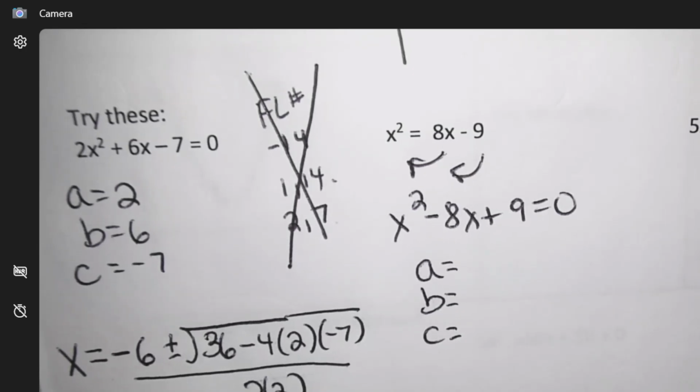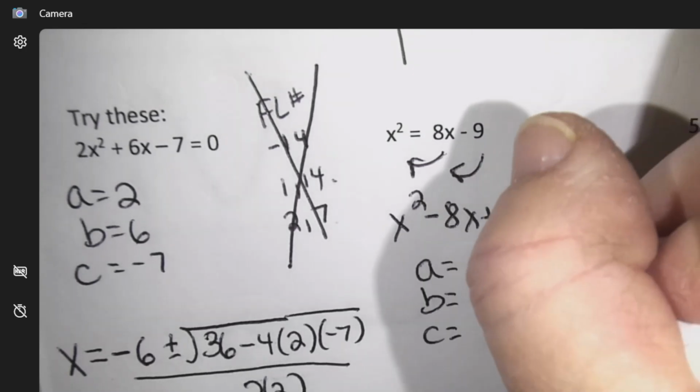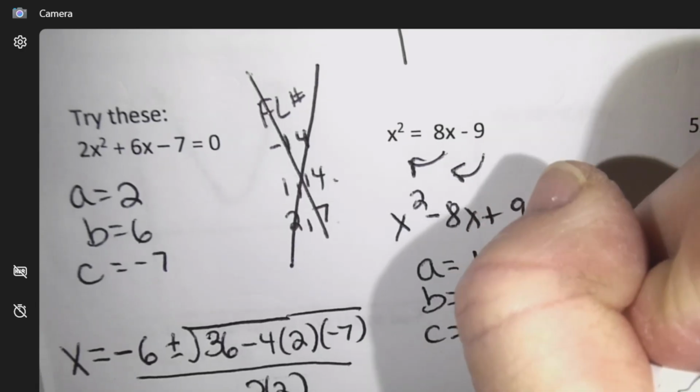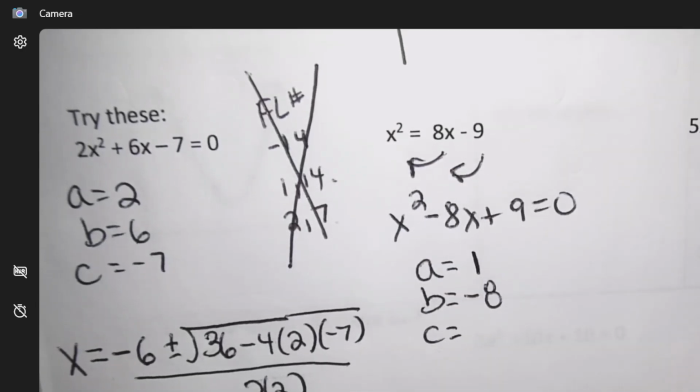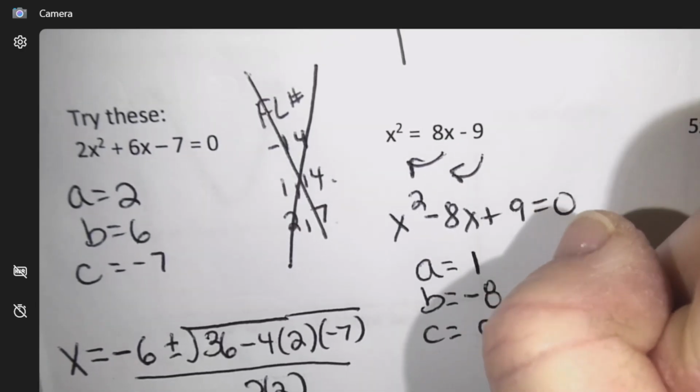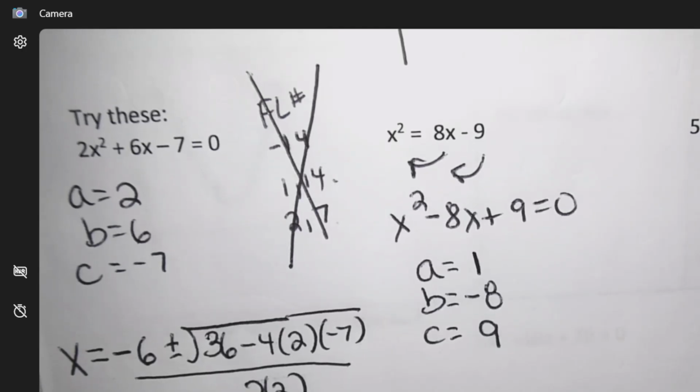Okay, so A is how many x squareds? 1, -8, and 9. Those are your values you're plugging in.